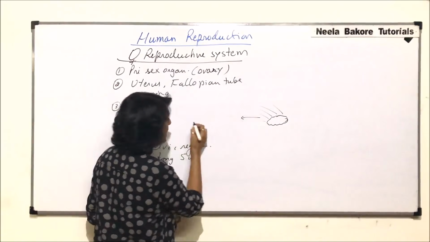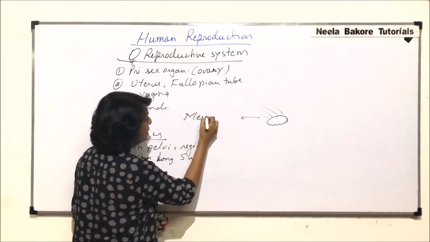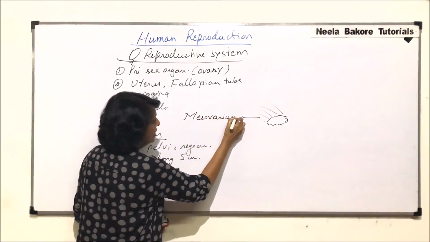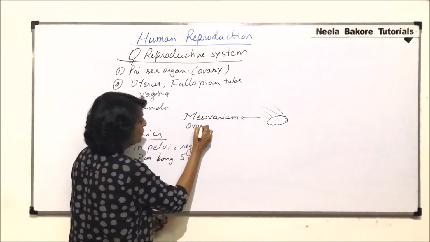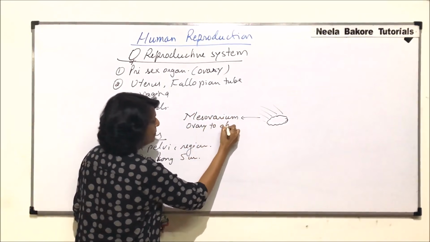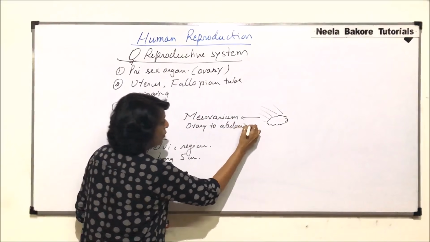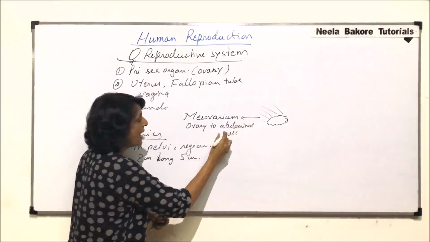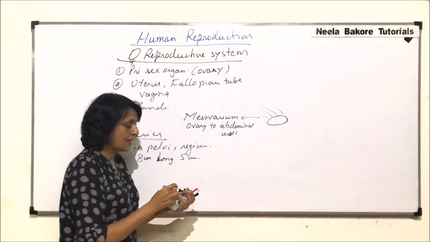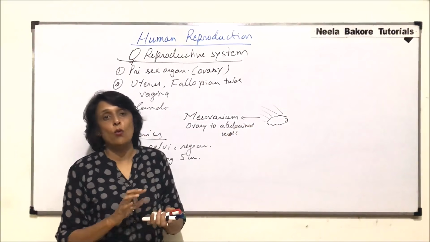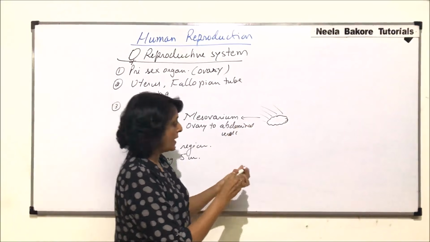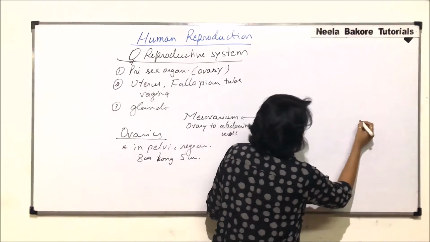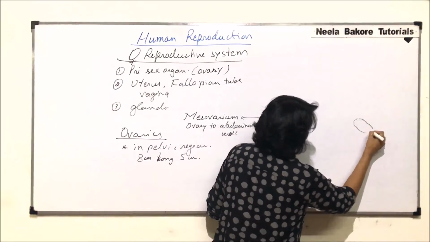This mesentery is known as the mesovarium. So it connects the ovary to the abdominal wall, and that is how the ovaries are suspended in their position. There are 2 such ovaries, one on either side.